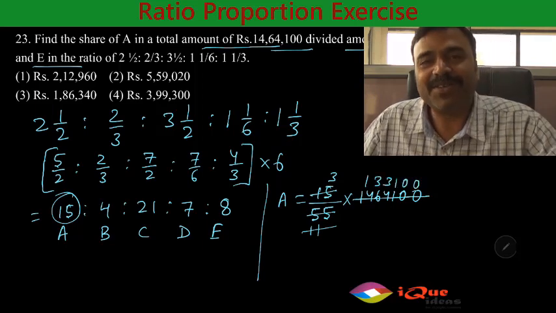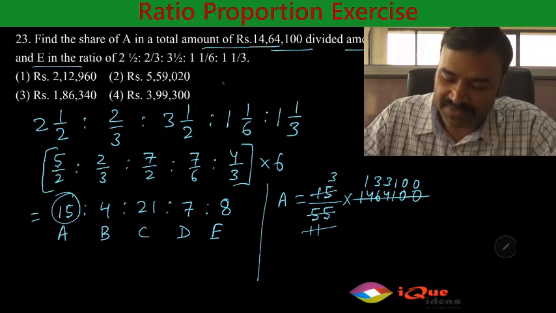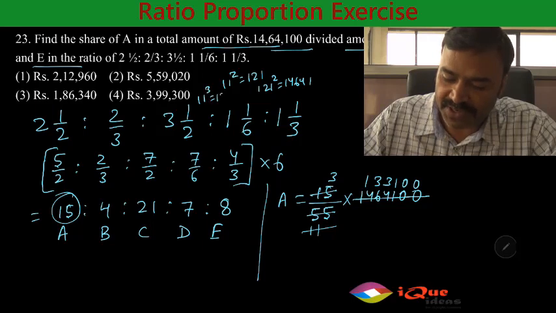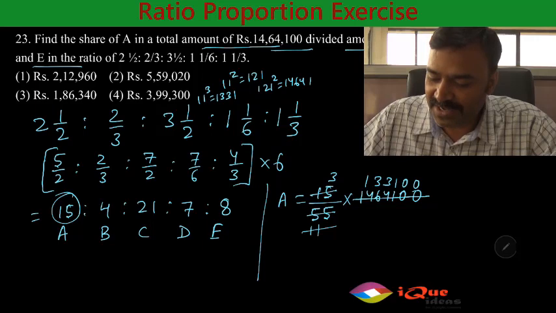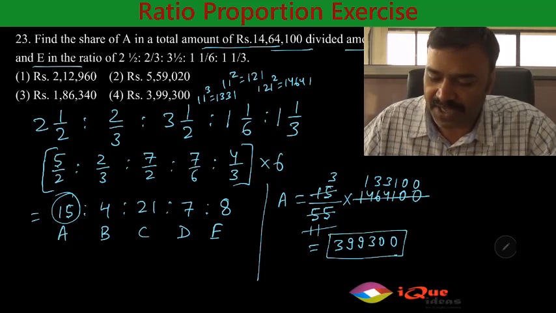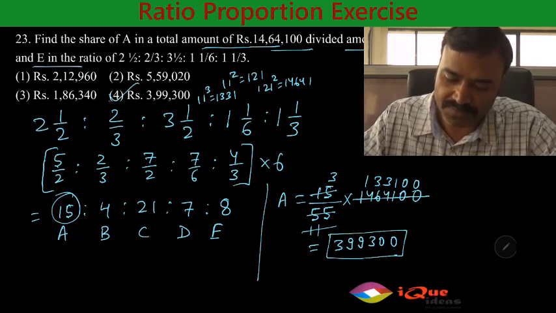If you remember the powers of 11, see, actually 11 square is 121. 121 square is equal to 14641. That is 11 to the power 4, and 11 cube is 1331. So it becomes pretty easy if you remember the powers of 11. Now 3 into 1331 will be 3993, so 399300. This should be the share of A, and that is option 4.